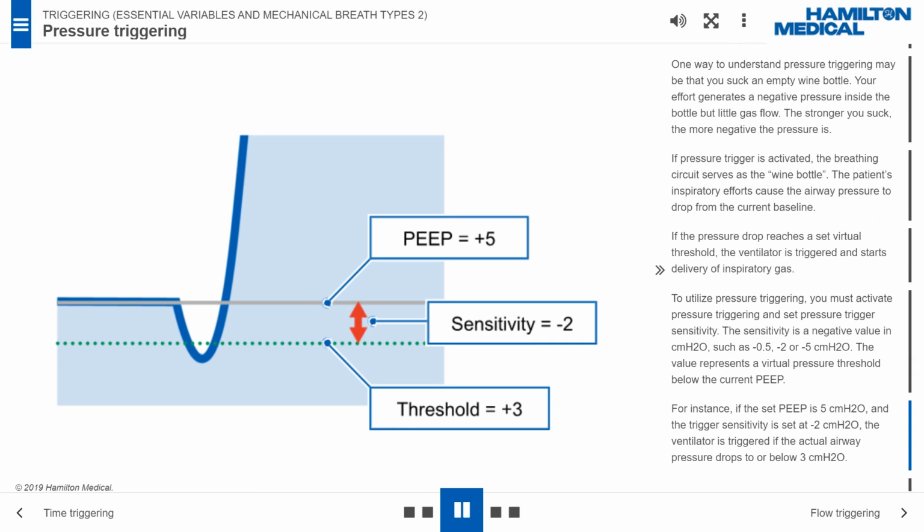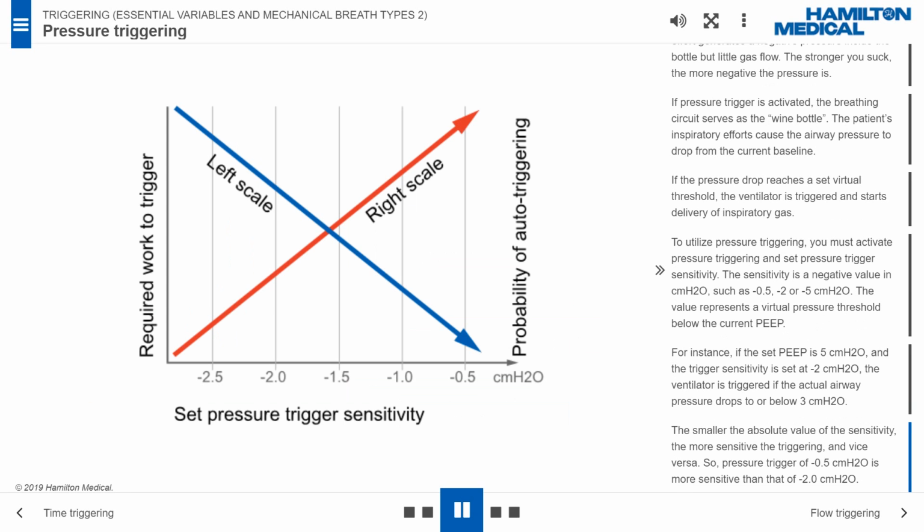For instance, if the set PEEP is 5 centimeters of water, and the trigger sensitivity is set at -2 centimeters of water, the ventilator is triggered if the actual airway pressure drops to or below 3 centimeters of water. The smaller the absolute value of the sensitivity, the more sensitive the triggering, and vice versa. So, pressure trigger of -0.5 centimeters of water is more sensitive than that of -2.0 centimeters of water.